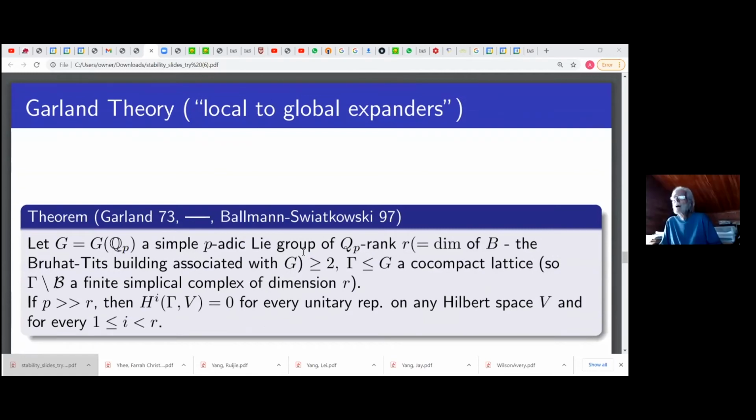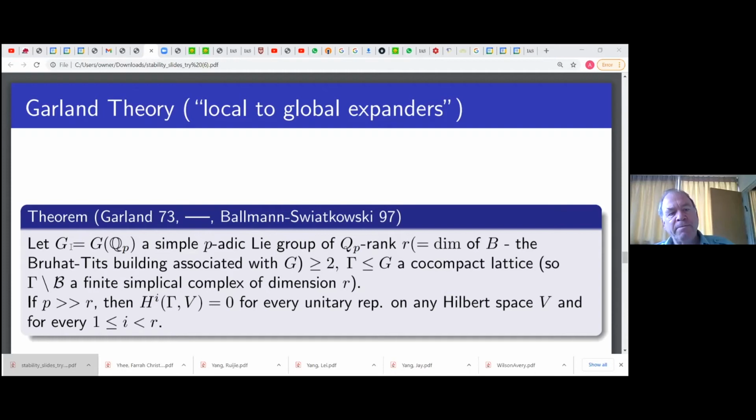I will just basically quote the theorem of Garland. Garland actually proved it only for finite dimensional spaces, and it was extended by Ballmann and Świątkowski to Hilbert spaces. And even if you don't understand some of the words here, it doesn't matter. I will give concrete examples. But the general theorem is more or less the following.